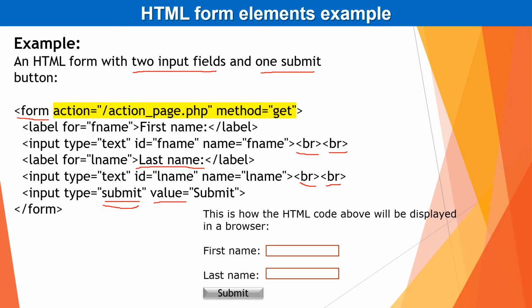That is, first name is taken in a text box, and in the second text box the last name is taken, and the first name and last name shown here are the labels. At the last, the submit button is given so that the first name and last name will get submitted.